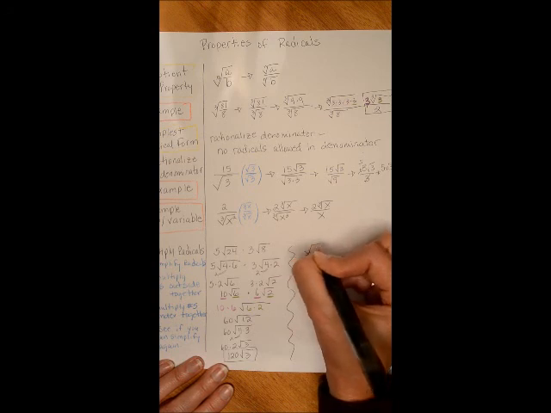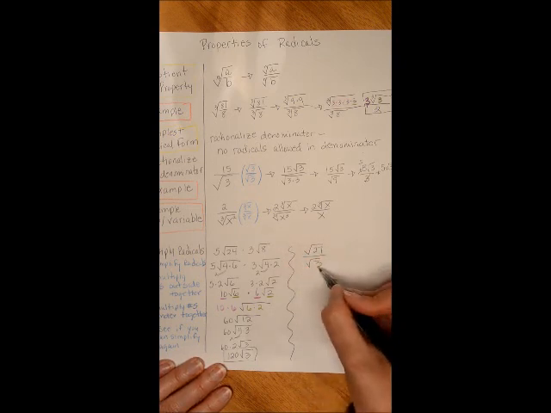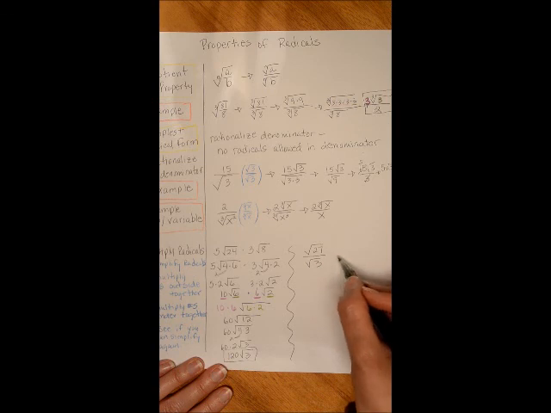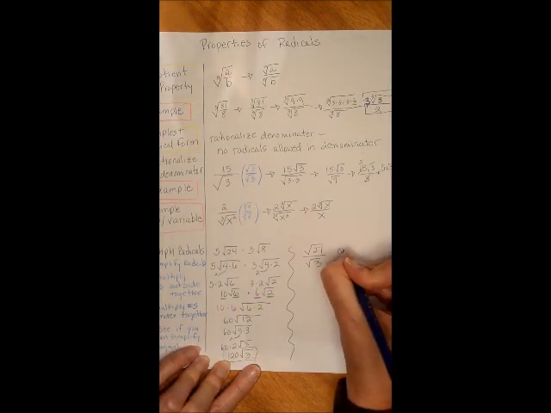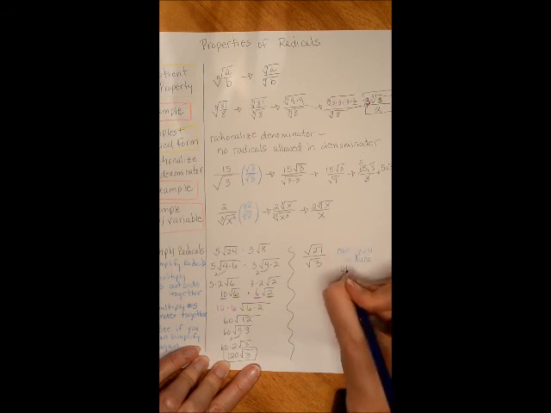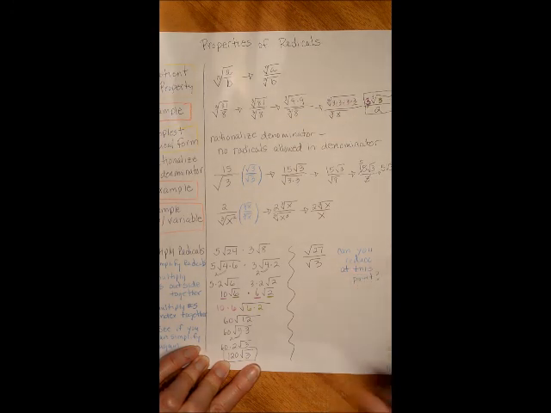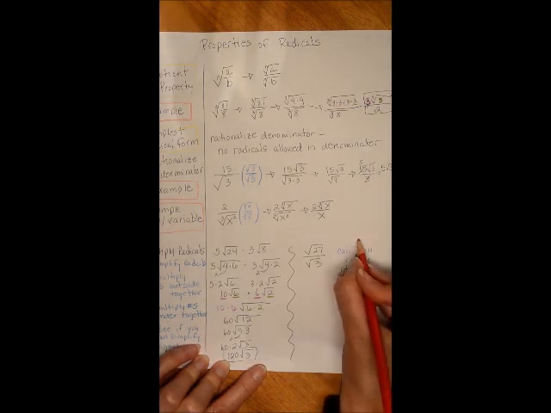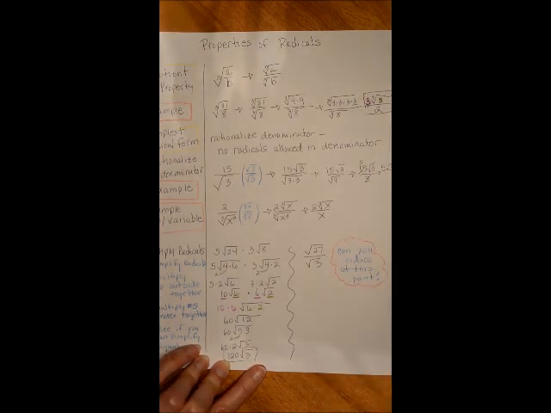If I have this, square root 27 over square root 3, don't automatically start multiplying by that special 1. I want you to check first. Can you reduce at this point? Ask yourself that question. Put that in red for yourself.